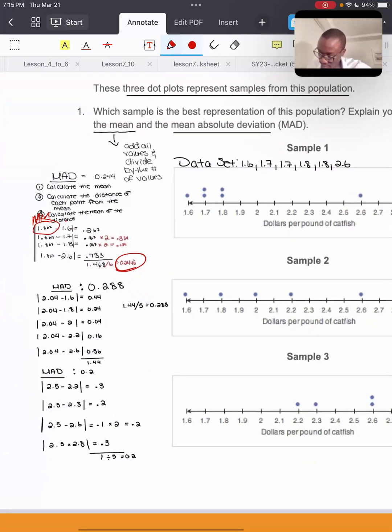If we do the same thing for the second sample, we subtract the data point from the mean, and we get these absolute deviations. We add all the deviations and then divide by 5, the number of observations, and we get a mean absolute deviation of 0.288.